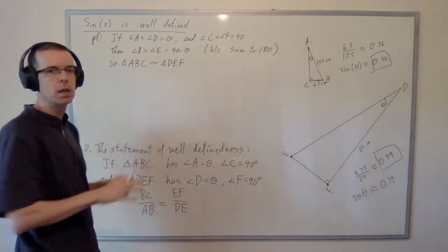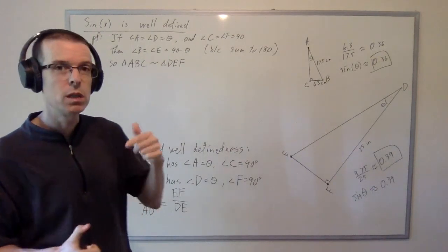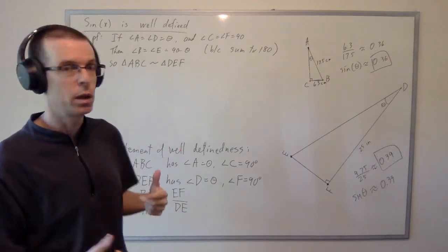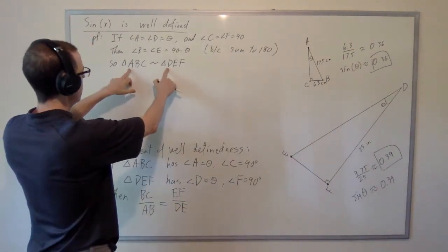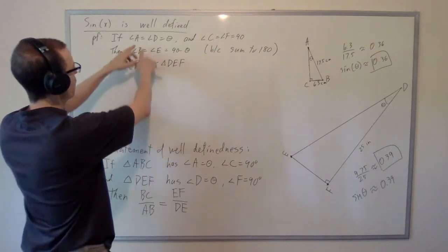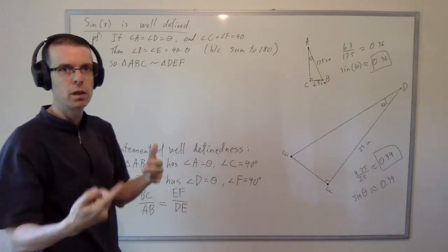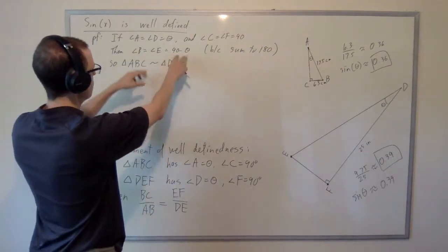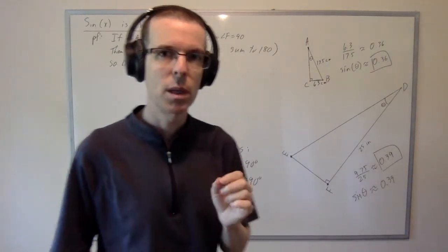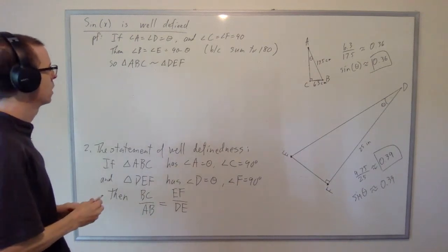The similarity statement is an ordered statement and has to match up the vertices in the proper order so that it expresses the similarity. So it has to match up the A and the D both first in the naming order on the grounds that they have the same angle. B and E have to be in the same position in the naming order because they have the same angle, and C and F as well. So the similarity statement needs to be phrased very carefully. It's an ordered statement among those vertices.